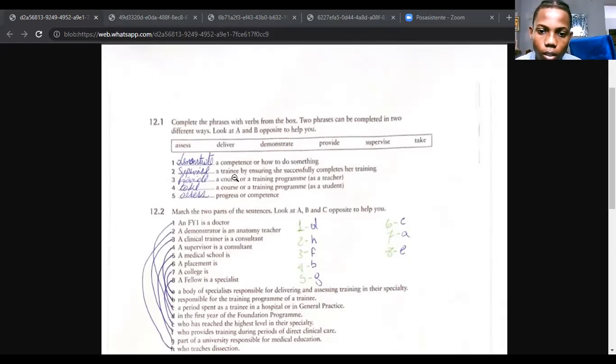Supervisar un entrenamiento es asegurarte de su éxito, de que ella complete el entrenamiento de manera correcta. Proveer un curso o un programa de entrenamiento como profesor; tomar un curso o programa de entrenamiento como estudiante; y acceder a un programa o competencia.